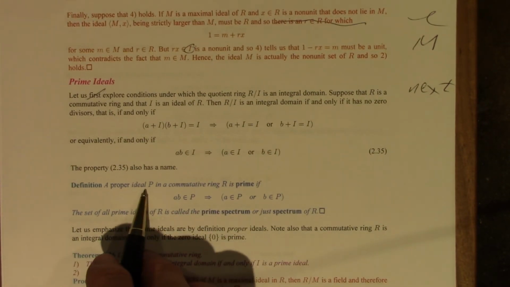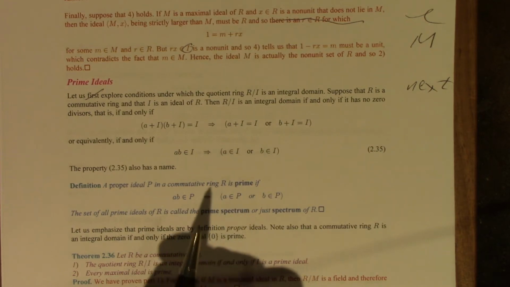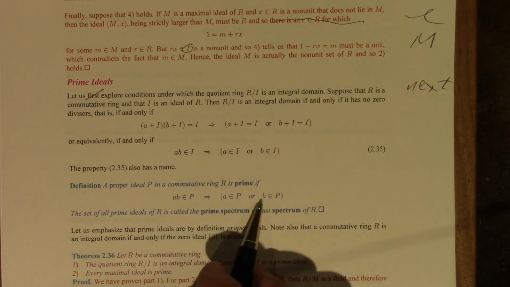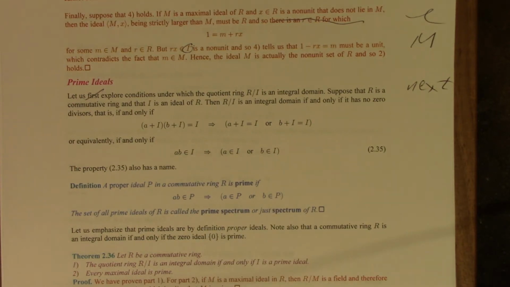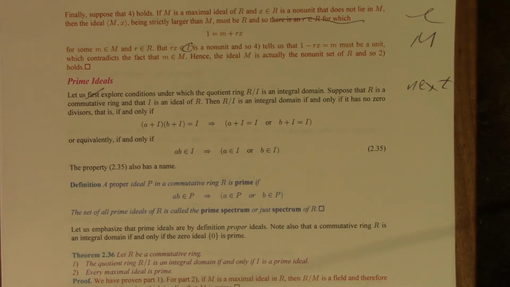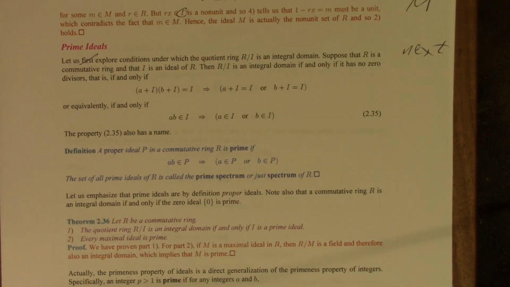A proper ideal P in a commutative ring R is prime if AB in P implies either A is in P or B is in P. The set of all prime ideals of R is called the prime spectrum, or simply the spectrum of R. And let me reiterate that by definition, prime ideals must be proper.